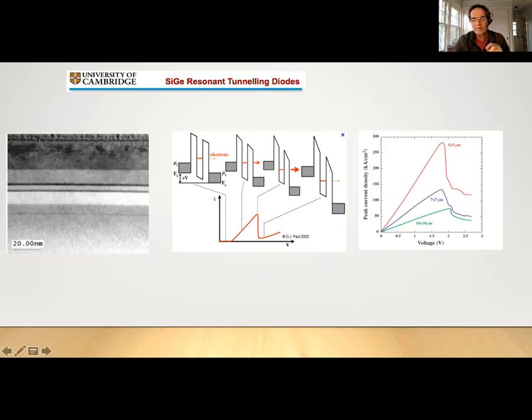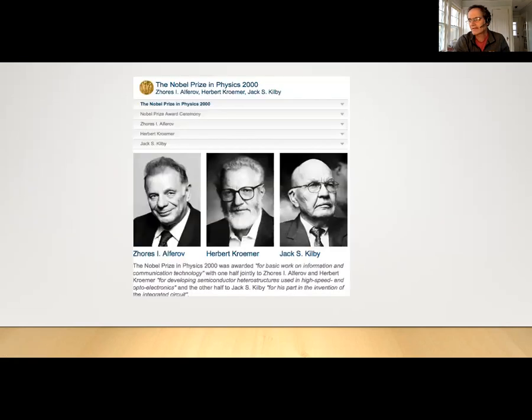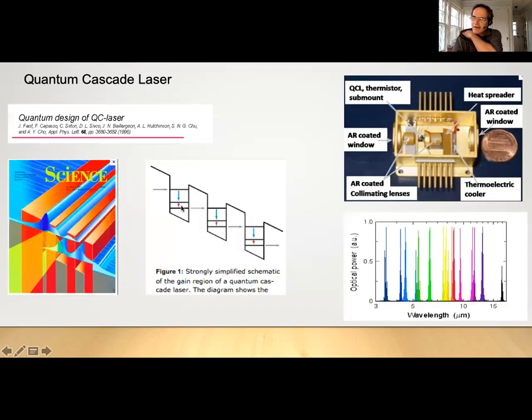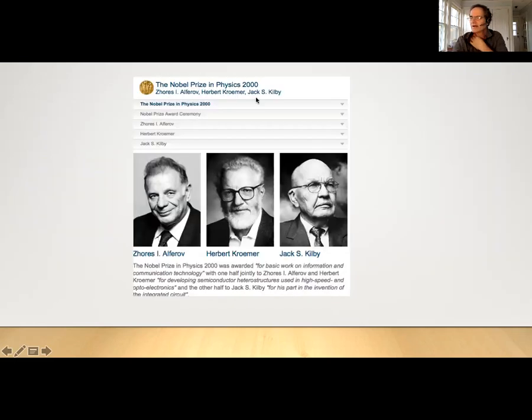All right, I want to show you one more device before we quit. But before I do that, I really ought to just recognize the following. We've talked about two areas where quantum wells are applied. They're applied in making more efficient light emitters, so in optoelectronics, and for high-speed electronics. And in 2000, the Nobel Prize was awarded to Zhores Alferov, Herbert Kroemer, and Jack Kilby.